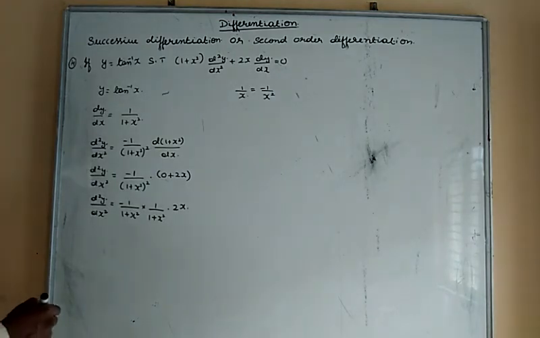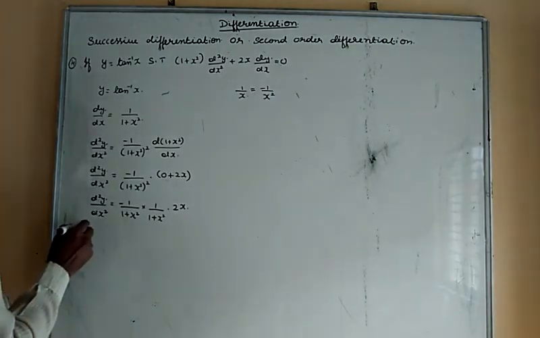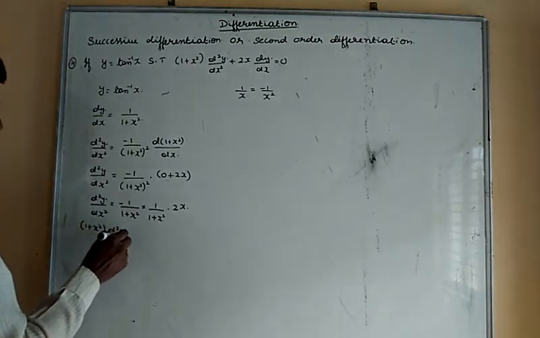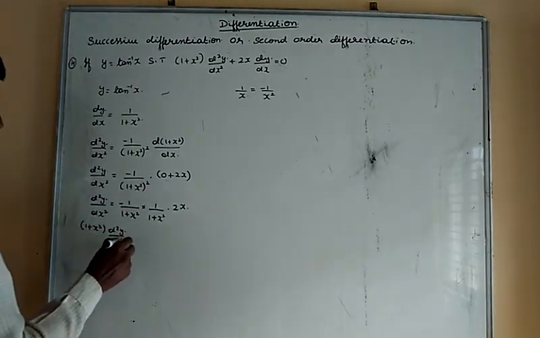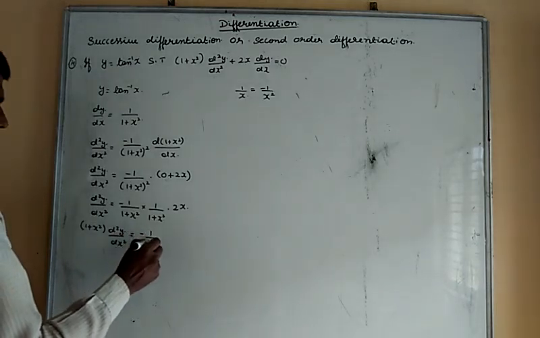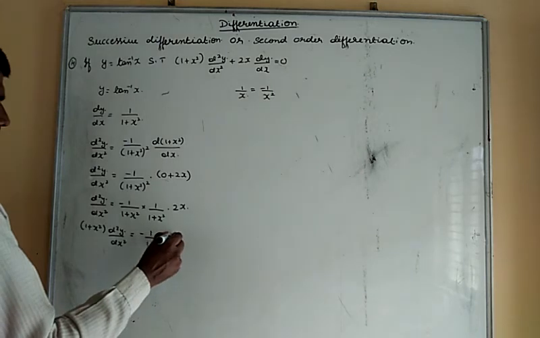Then shift this to the numerator: 1 plus x square into d square y by dx square is equal to minus 1 by 1 plus x square into 2x.